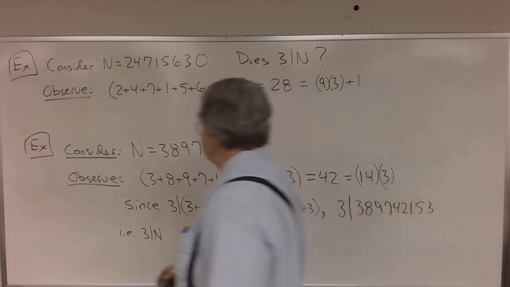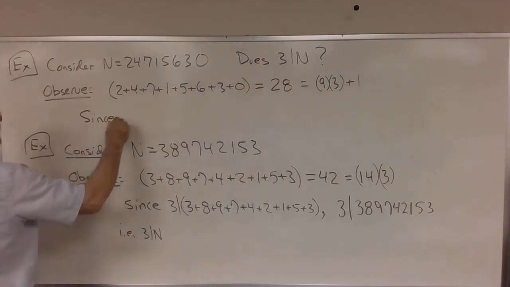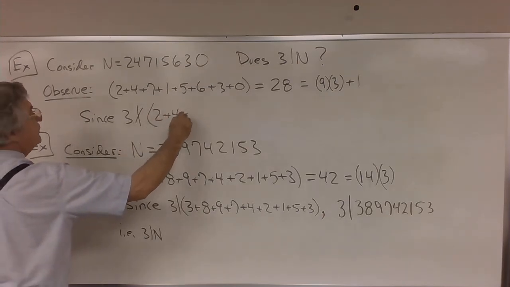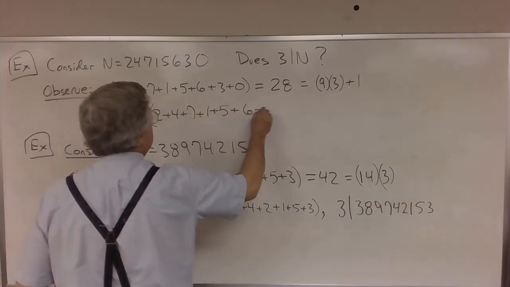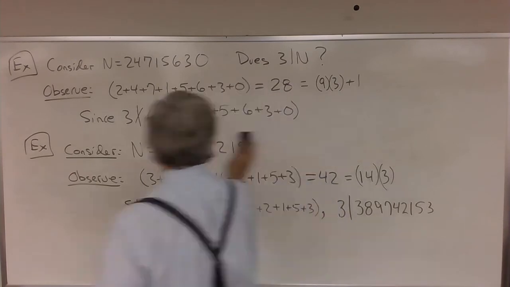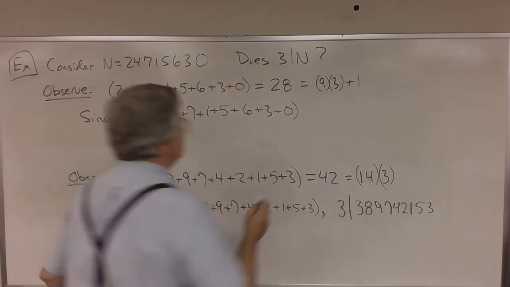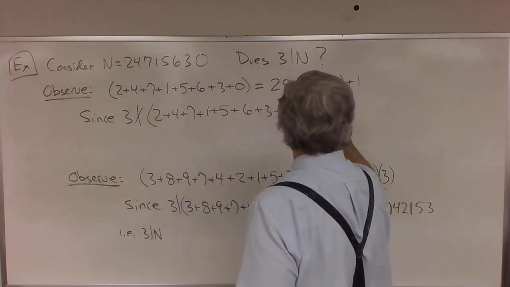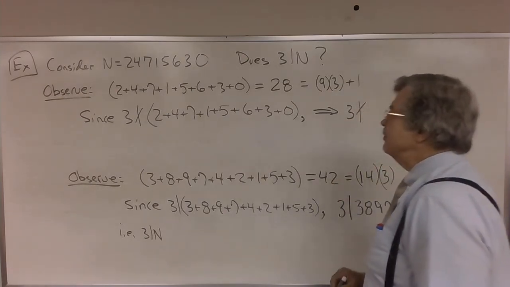So essentially, we found out that 3 does not divide the sum of these digits. Three does not divide the sum of the digits. So 3 does not divide the number itself.